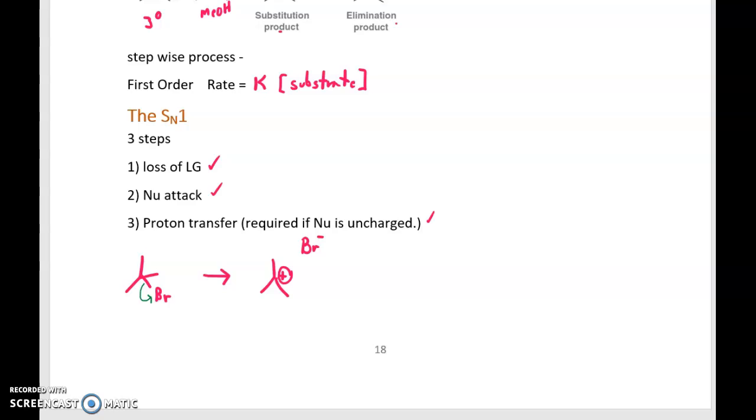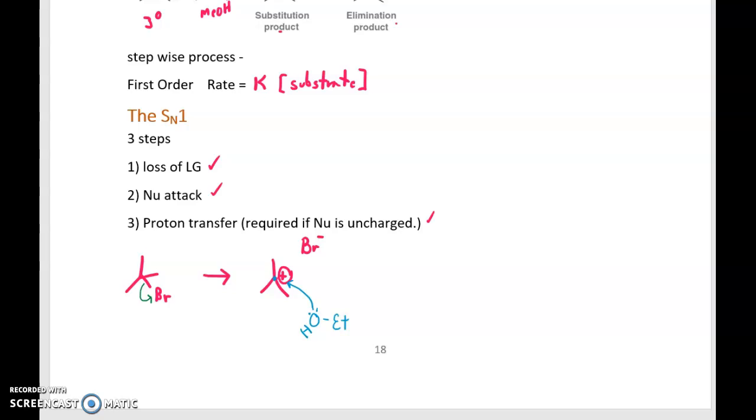Then we'll have a nucleophilic attack. So let's make it blue, is a nice color. Here's our ethanol molecule. And some hungry electrons here are going to attack the carbocation. They attack this carbon right there. Okay?